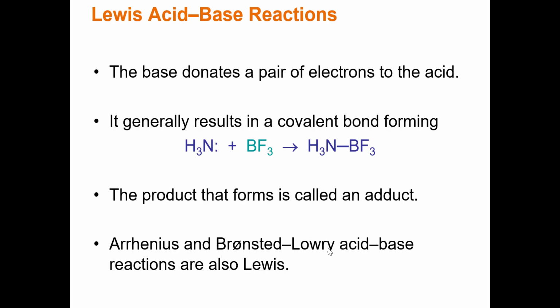So we're having it, in this case, react with boron trifluoride. And as that happens, we form a covalent bond because the nitrogen is sharing its electrons with the boron. So again, we have an acid-base reaction with this definition that contains no protons. Now, there are some hydrogens in the ammonia, but they're not behaving as acids. They're still connected in the same way.